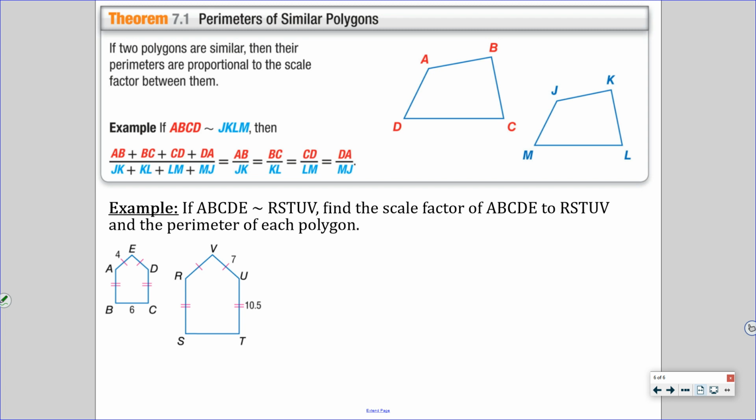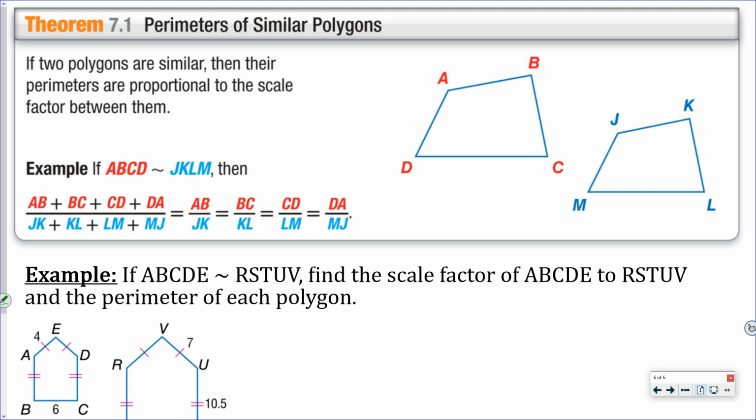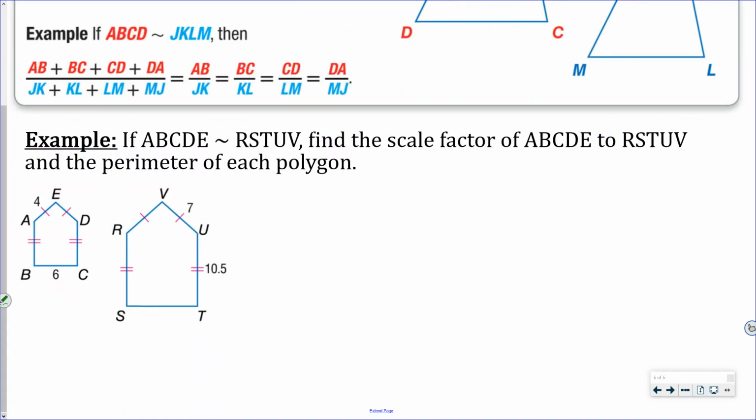All right, we're just going to try one perimeter problem and then we'll call it a day. Here they're telling us that these are similar. Find the scale factor between them and the perimeter of each polygon. One thing I want to point out, be careful with your markings here. If they're marking this in my blue, that means the other hash mark is also 4, but even though they marked RV with one hash, that doesn't mean this is also 4.